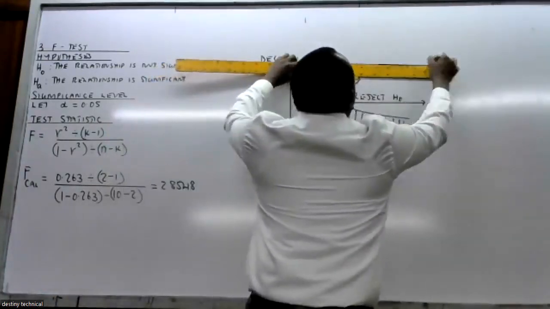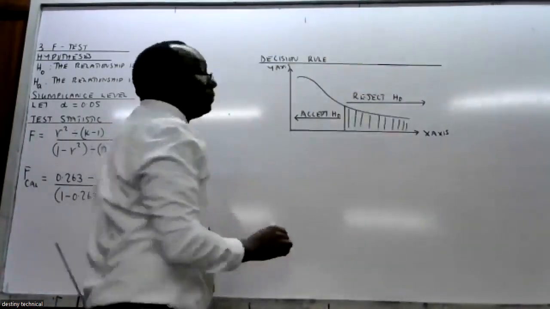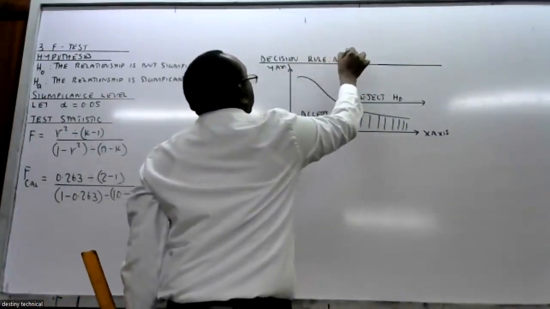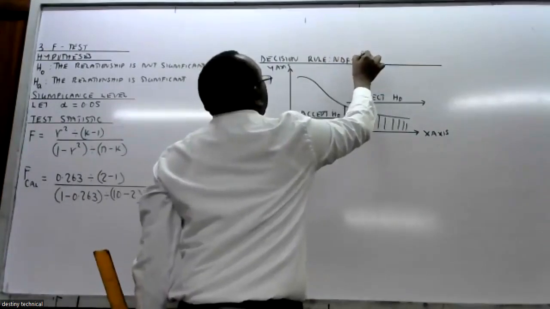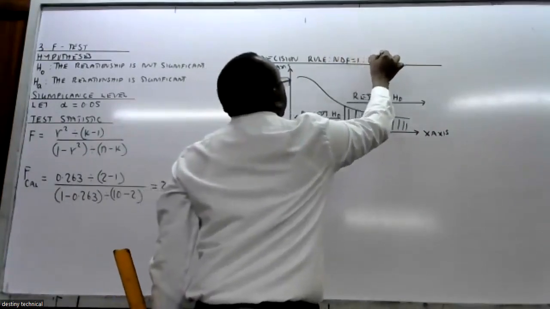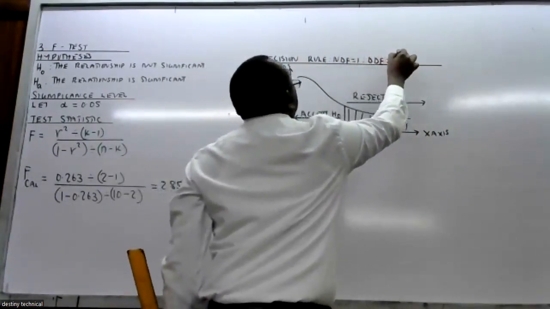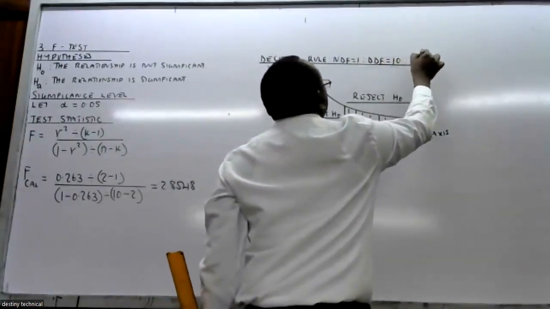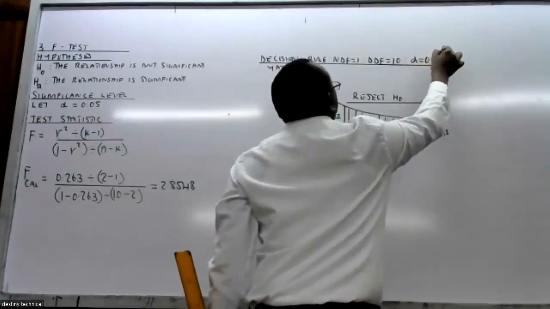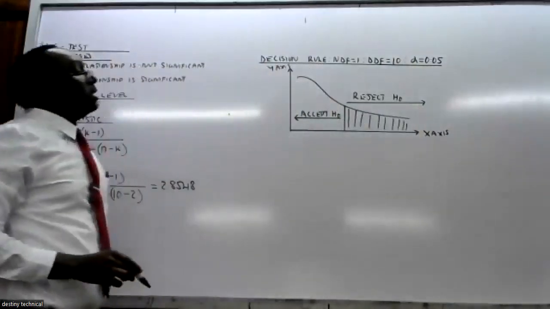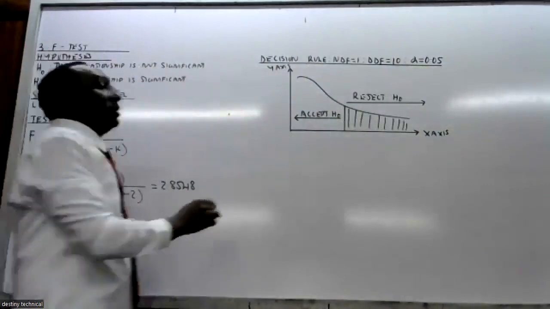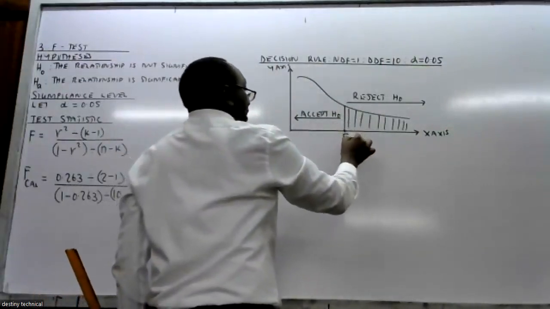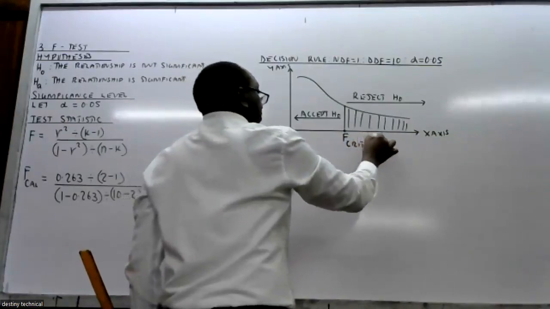In this decision rule, we normally say numerator degrees of freedom is 1, denominator degrees of freedom is 10, and alpha is 0.05. So here it's called F critical.